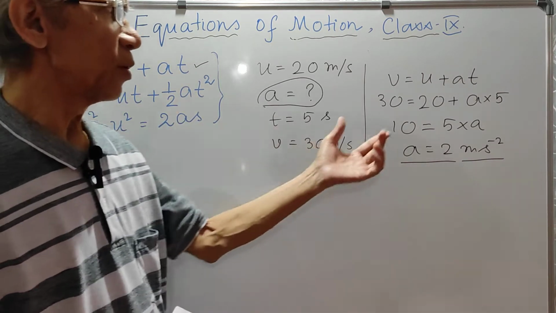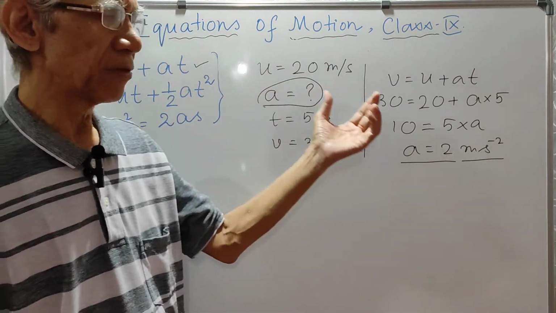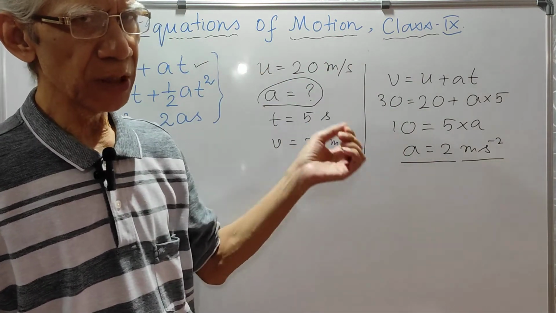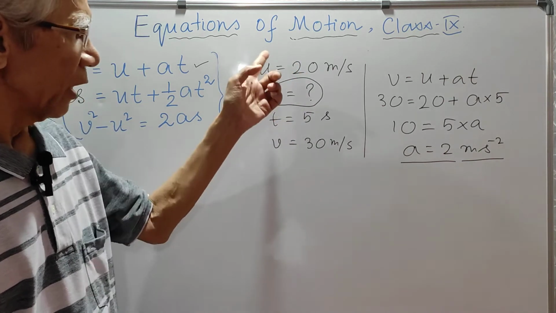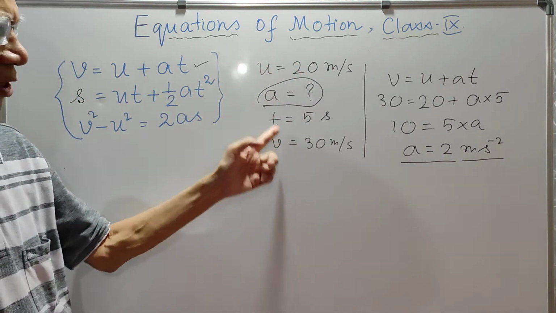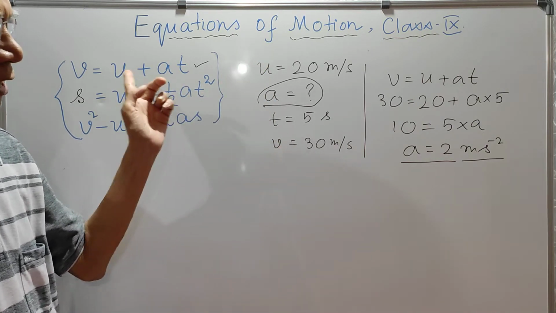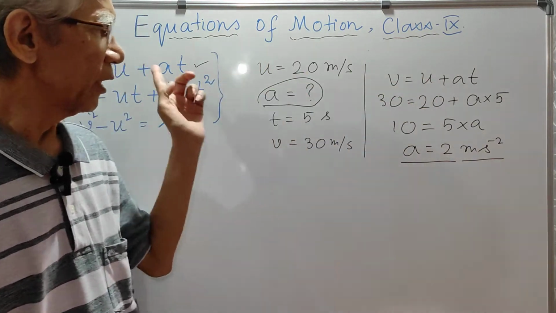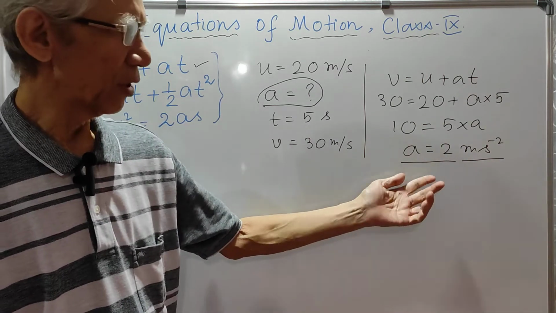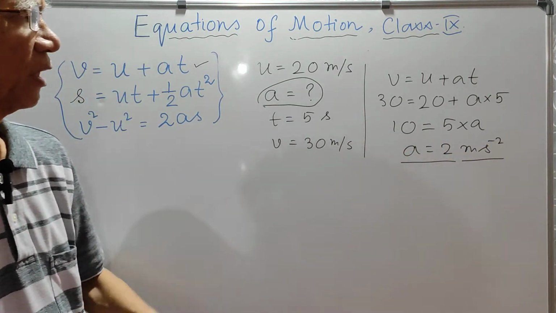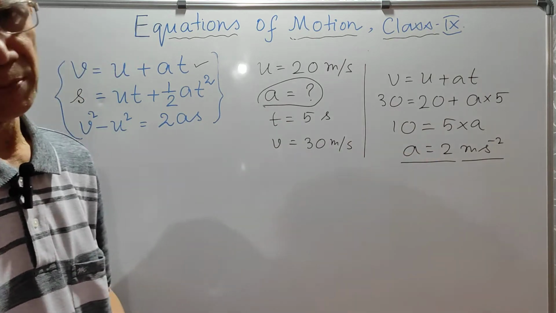So this is how you have to handle the formula. So read the question carefully, find out what things are given, what is unknown, then find out which equation contains these variables. Then you write that formula, write that equation, put the values and simply calculate, solve the equation. All right. So I get this. This is the final answer. So what is acceleration? 2 meter per second square.